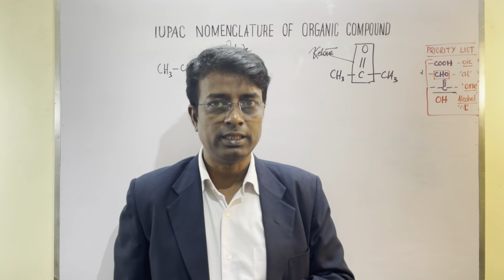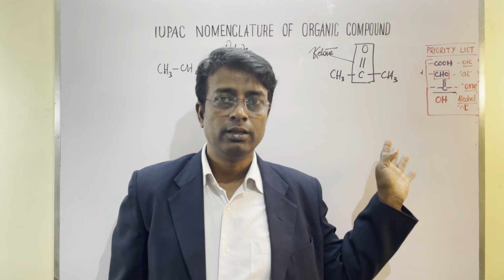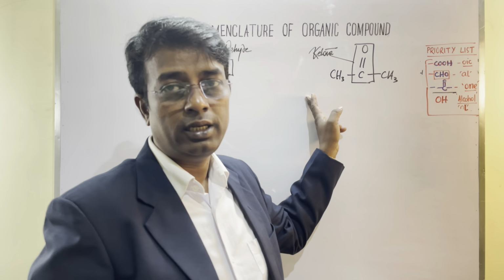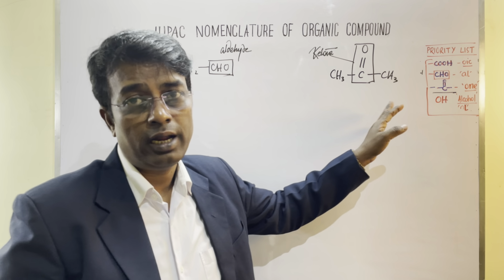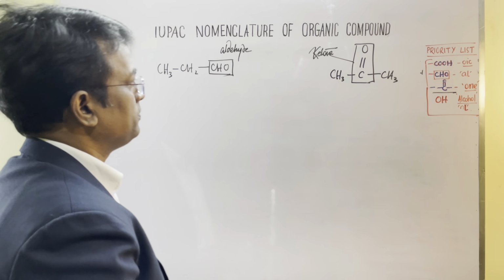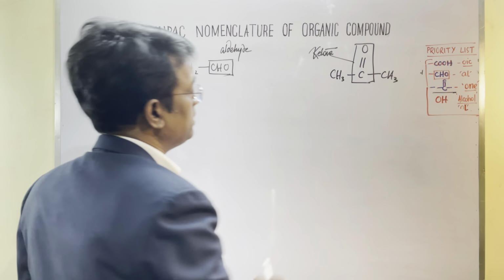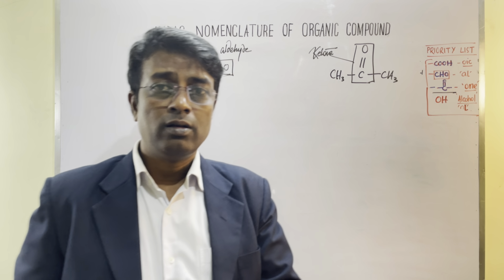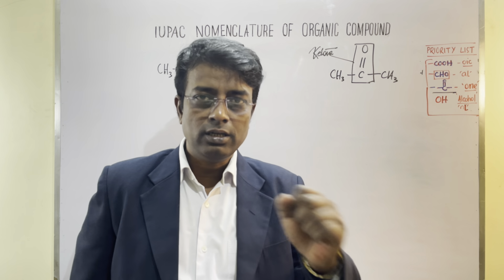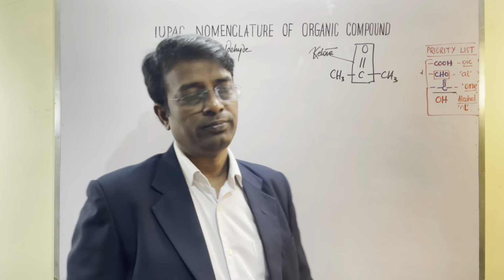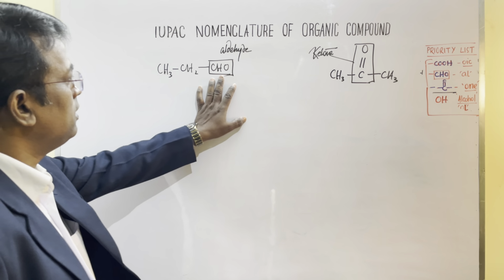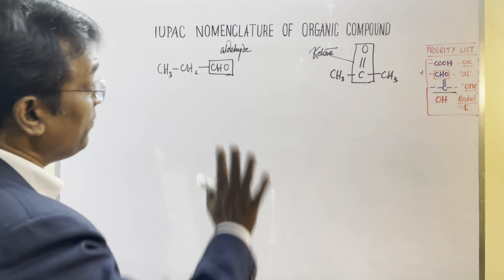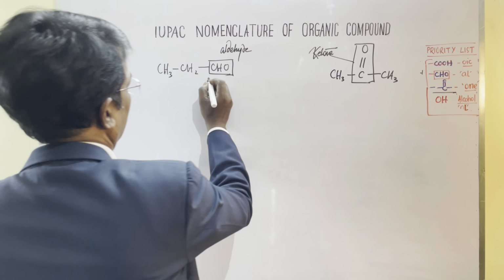Ketone groups are never present on the terminal carbons. That means there should be at least one carbon atom on either side of the ketone group, whereas the aldehyde can be the terminal portion of the organic compound. That's the important difference here.